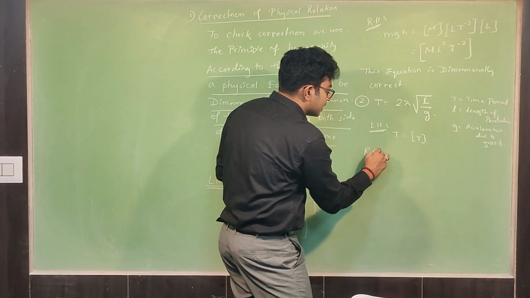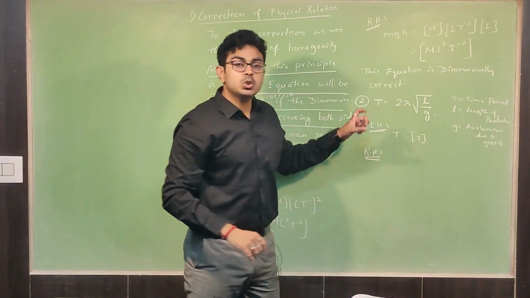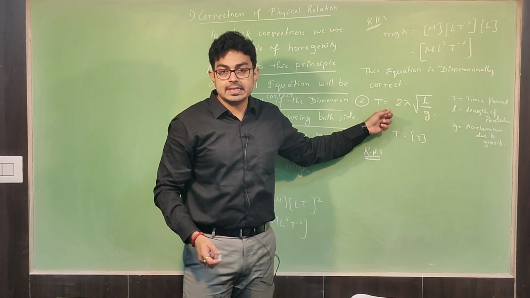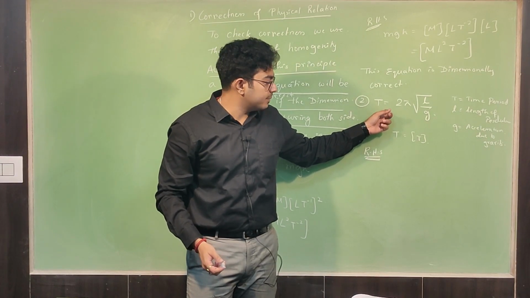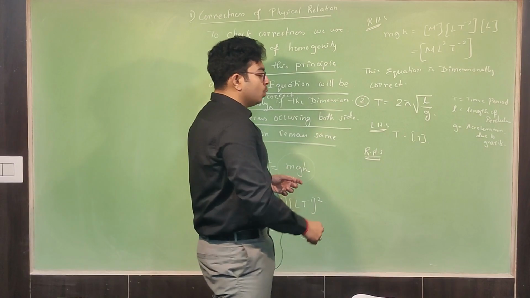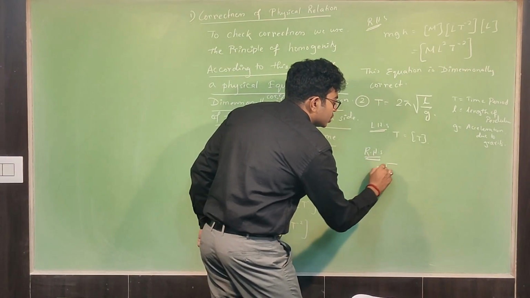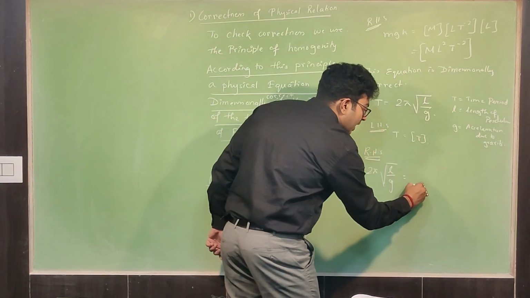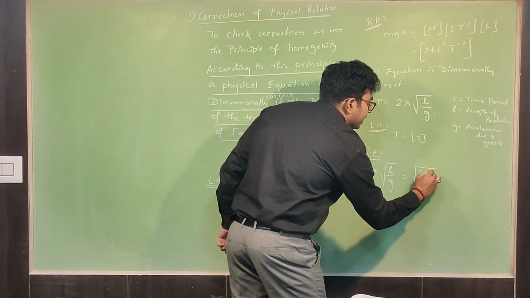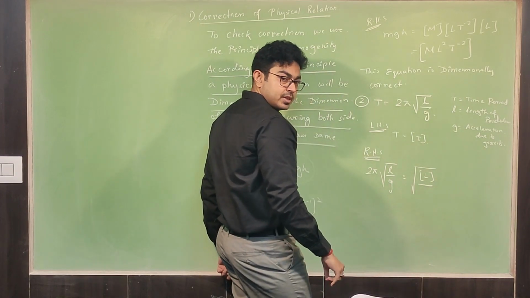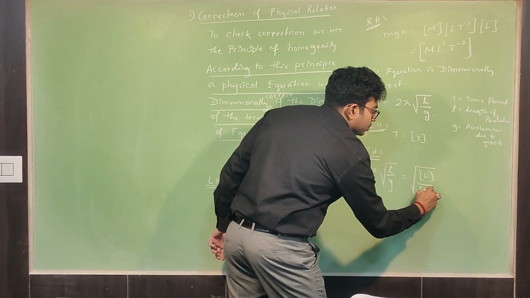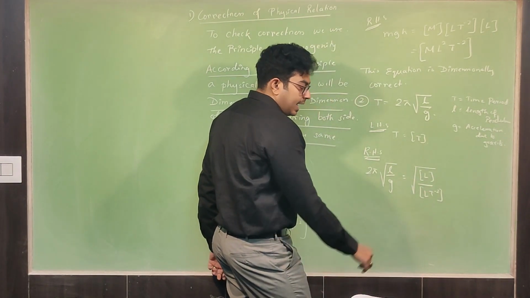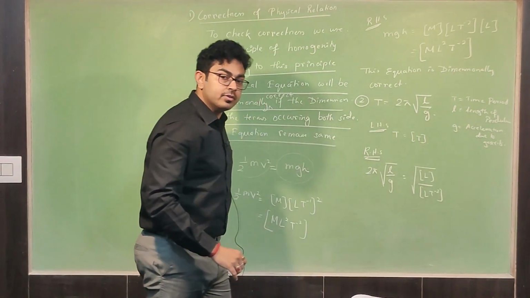What is the RHS? 2 pi is a number. Does it have any dimension? No, it doesn't have any dimension. So let me go straight to 2 pi root L by g. 2 pi doesn't have any dimension. Under the root, length will be L, and g is acceleration due to gravity. Just see here, L and L cancel out, and if the square root goes up, we are going to have T square.